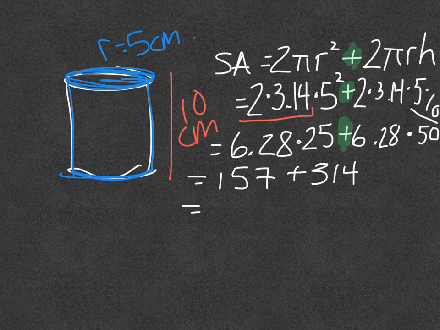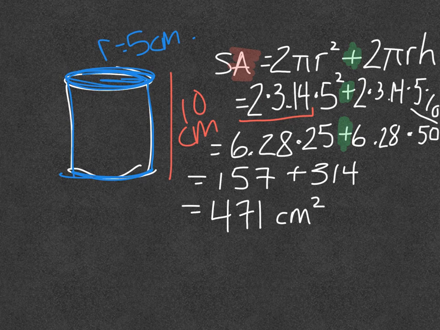And then we just have to add those two together and we're done. And that would be centimeters. And this says surface area. Okay, so because it's surface area, it's centimeters squared.